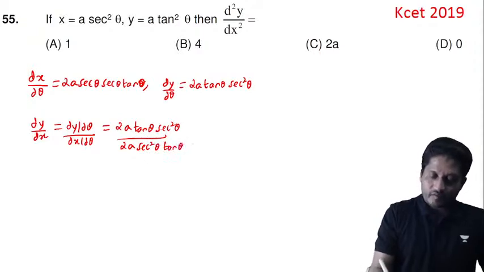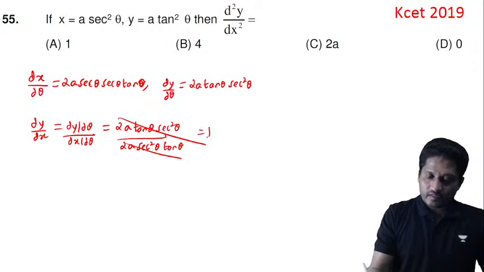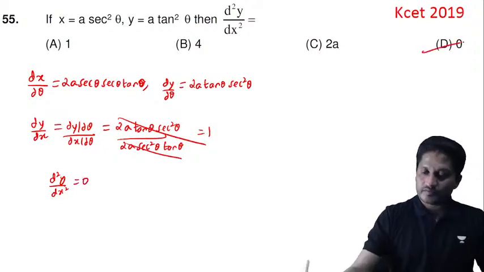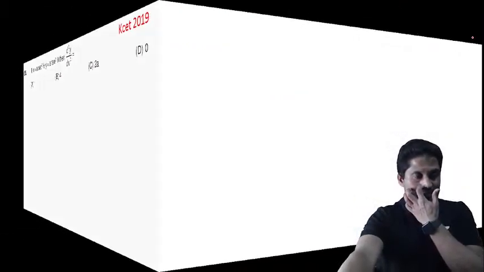So obviously this will cancel, you get 1. If you differentiate once again, differentiation of 1 will be equal to 0. Answer is 0. Let's move to the next question.